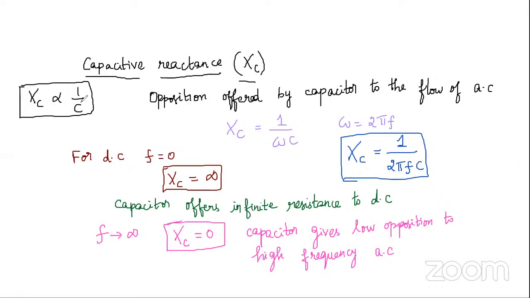Now let us move on to the other concepts, that is resistor and inductor in series. That is called the RL circuit. RL means resistor and inductor in series.